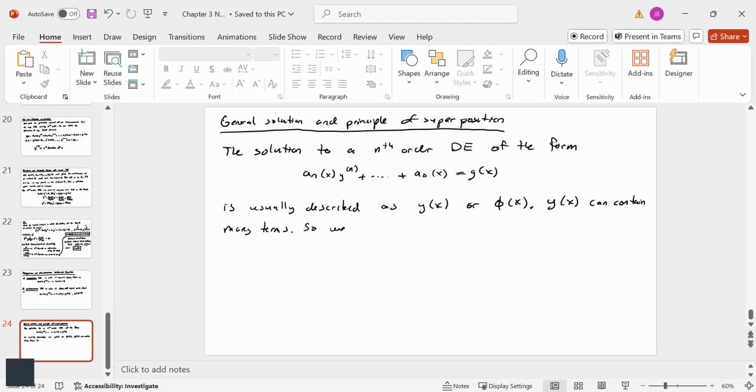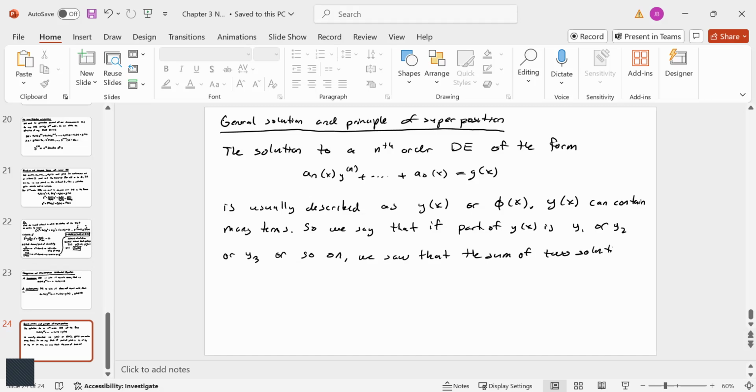So we say that if part of y of x is y1 or y2 or y3 and so on, we saw that the sum of two solutions was a solution.